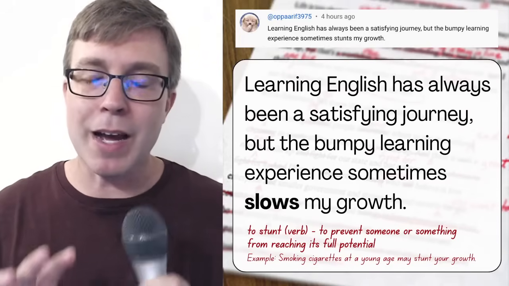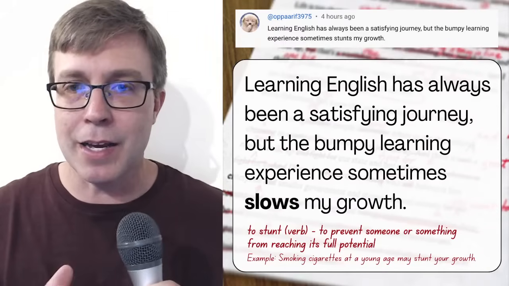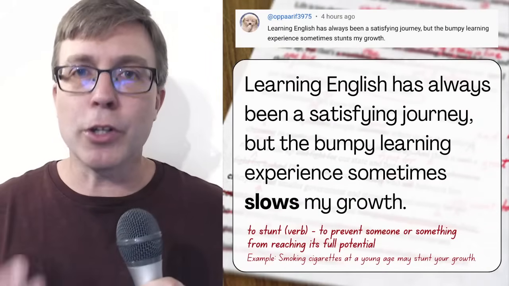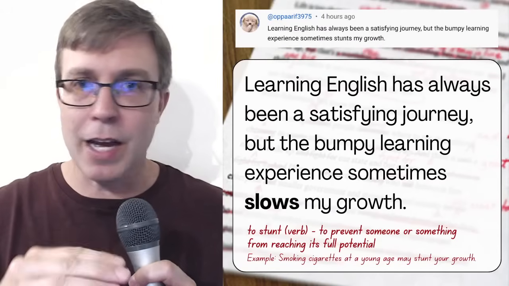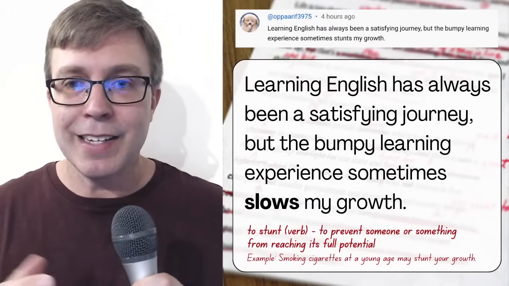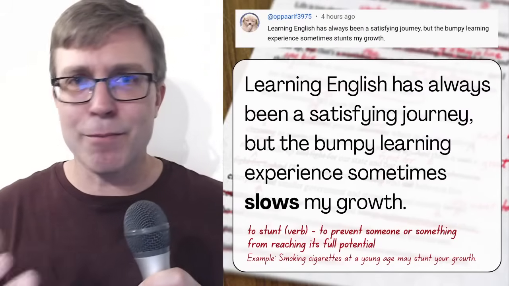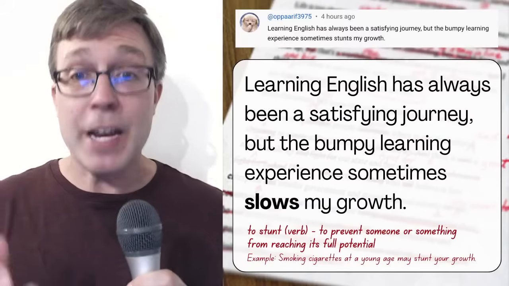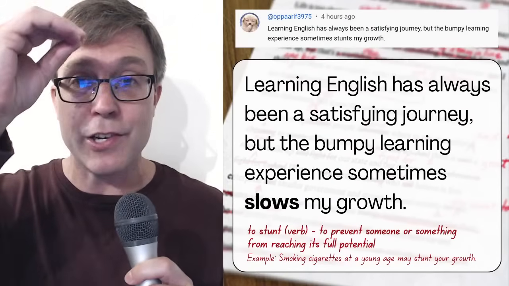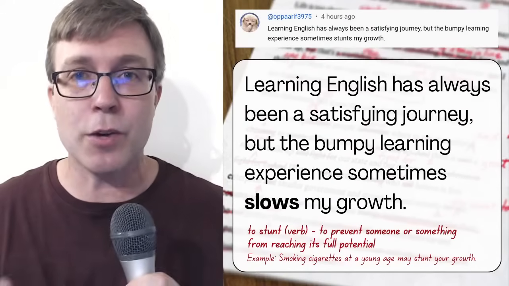And the reason why I said I would change this is because when it comes to learning a language, you have that, again, difficult times and times when you're learning a lot. It's not really something that's going to stop you or prevent you from reaching your full potential. In that case, it's just going to slow you down.